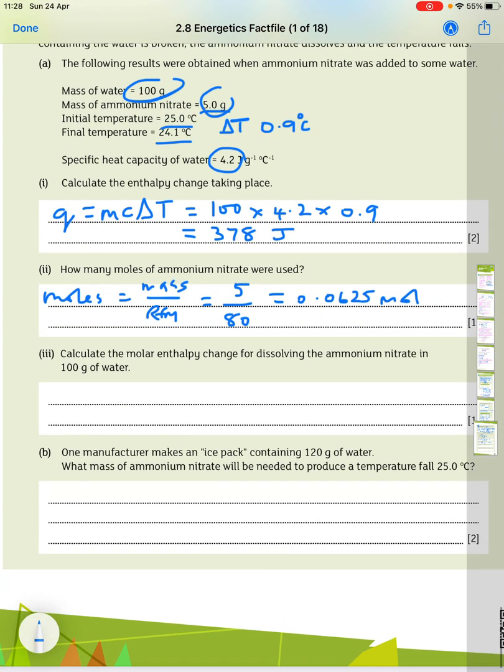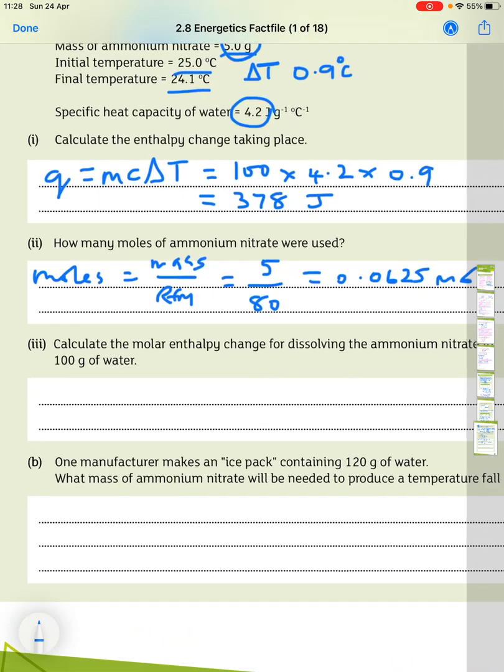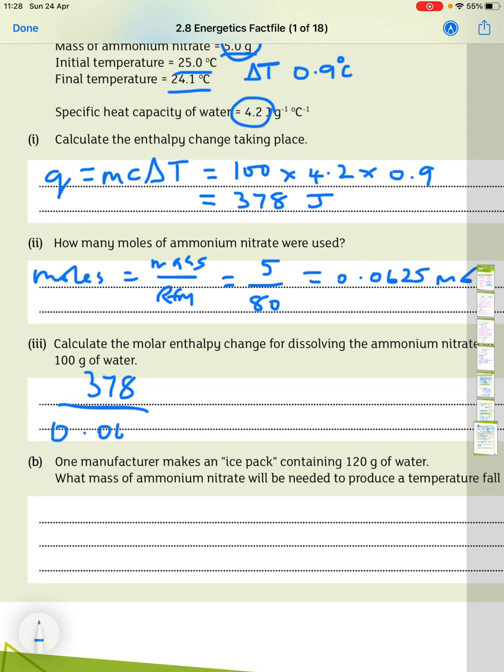So then calculate the molar enthalpy change for dissolving ammonium nitrate in 100 grams of water. So we have 378 from our first part of the question, and then the number of moles we worked out was 0.0625. So divide through by that and we get 6,048, and that's joules per mole.